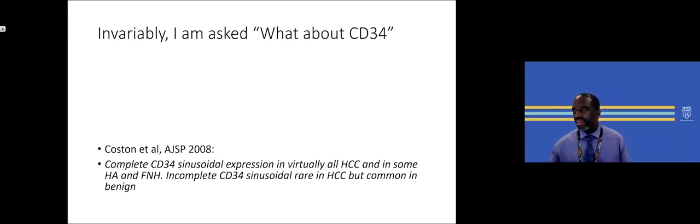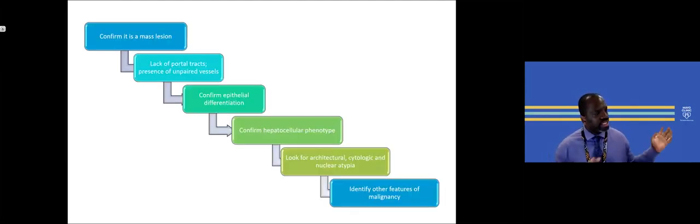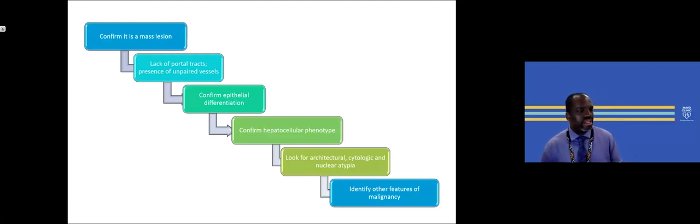Because of this heterogeneous data around the utility of CD34, especially when you have other helpful markers, this is why I don't use CD34 much. But if you use it and you find value, looking for complete CD34 sinusoidal expression, I encourage you to continue to use it.